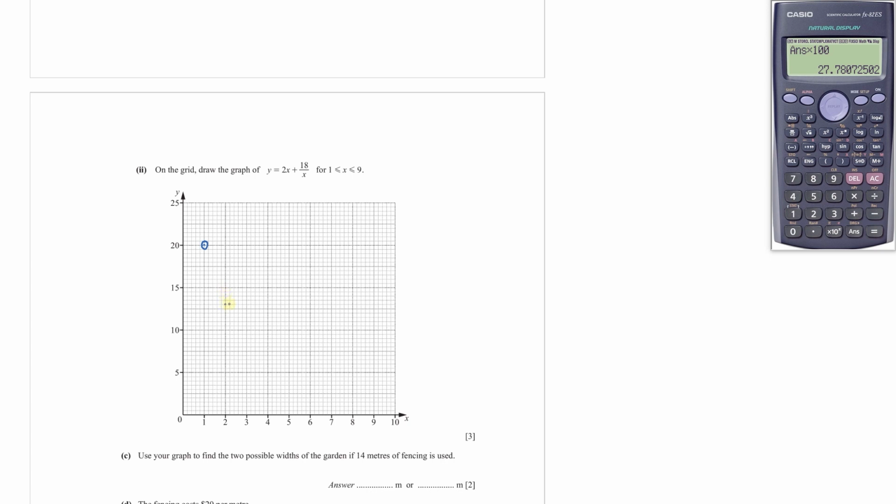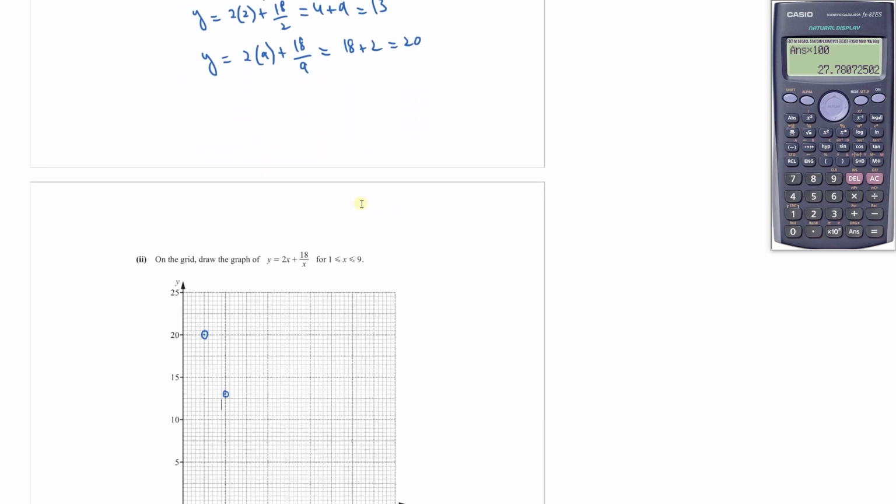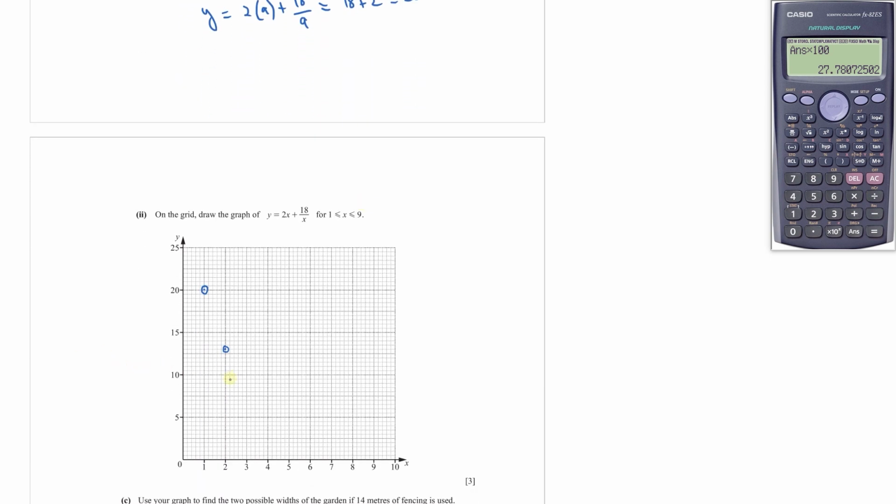So this is 2 and 13. Then 3 and 12, and 4 and 12.5. 4 and 12.5 will be this value here.